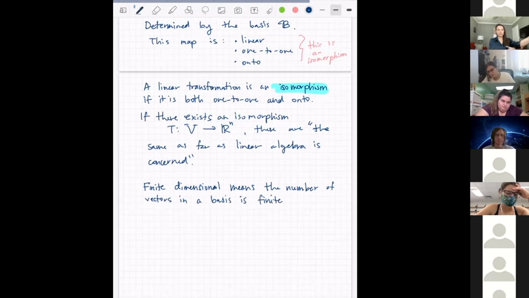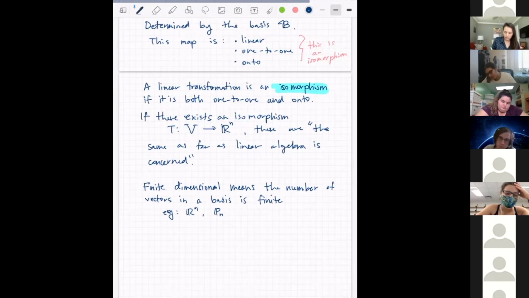We've seen plenty of examples. Of course, Rn is an example, and any of your polynomials of degree n, that's an example.